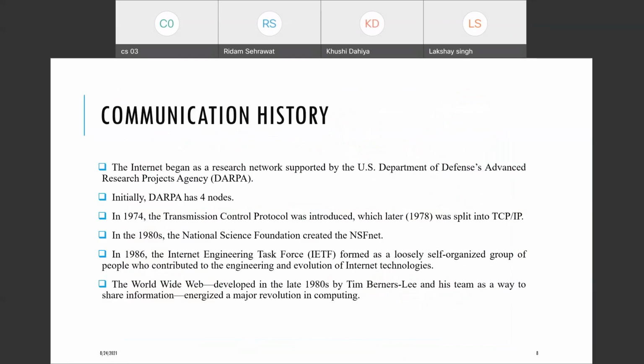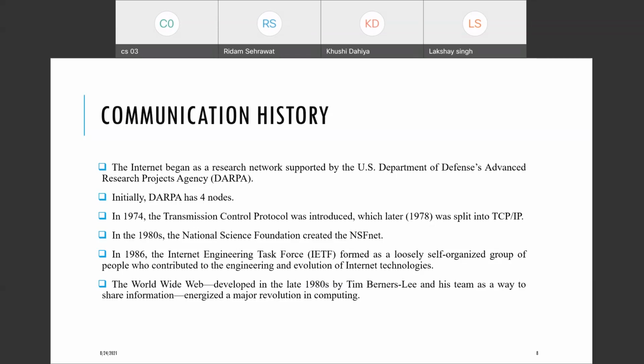As I already told you, the foundation of your internet is ARPANET. The US Department of Defense Advanced Research Project Agency, termed DARPA, started the internet as a research project, and they started this as ARPANET. Initially they had 4 nodes, 4 different organizations connected through this net.